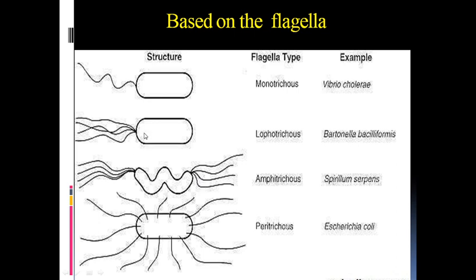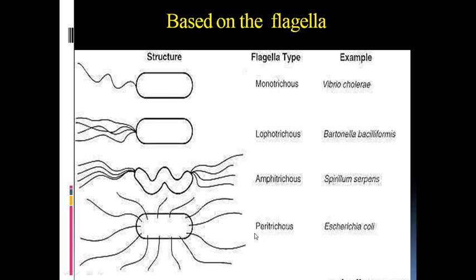You can observe the differences. See, here only one side the flagella are there, but here both sides the flagella are there. That is called amphitrichous. Example, Spirillum serpens. Next is peritrichous. Peri means all over the surface of the bacteria the flagella are present. All over the body.